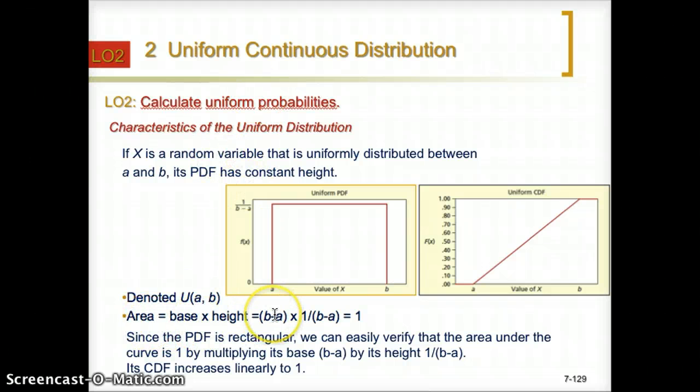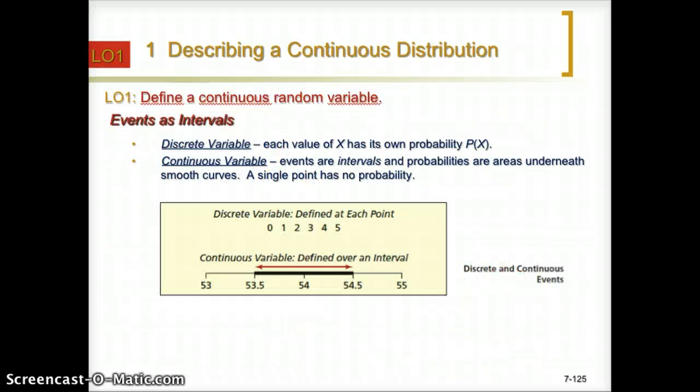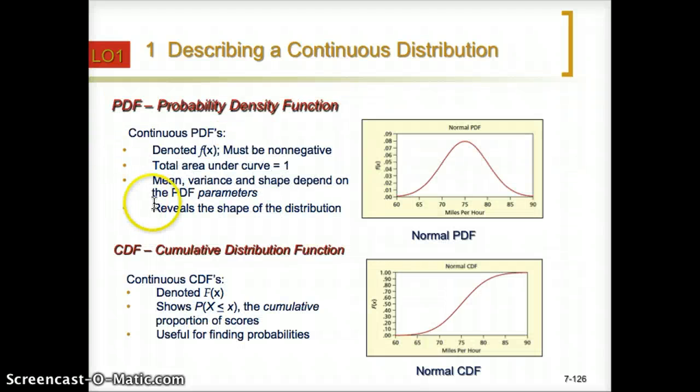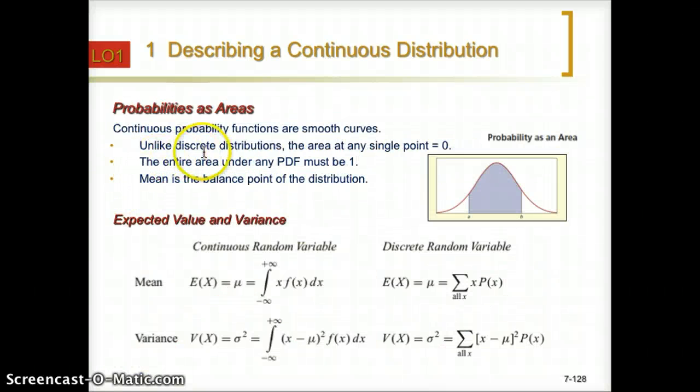And because we have already discussed for the continuous distribution, their probability is the area. So in here, for the continuous probability function, the probability will be the area under the curve.